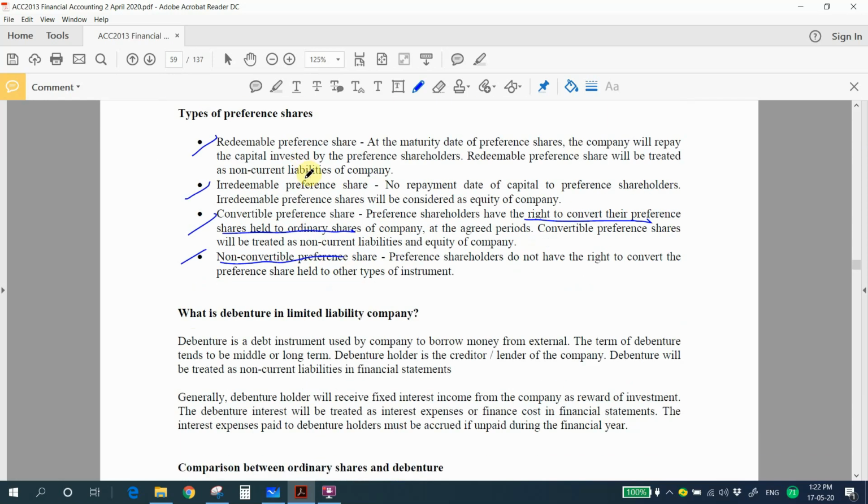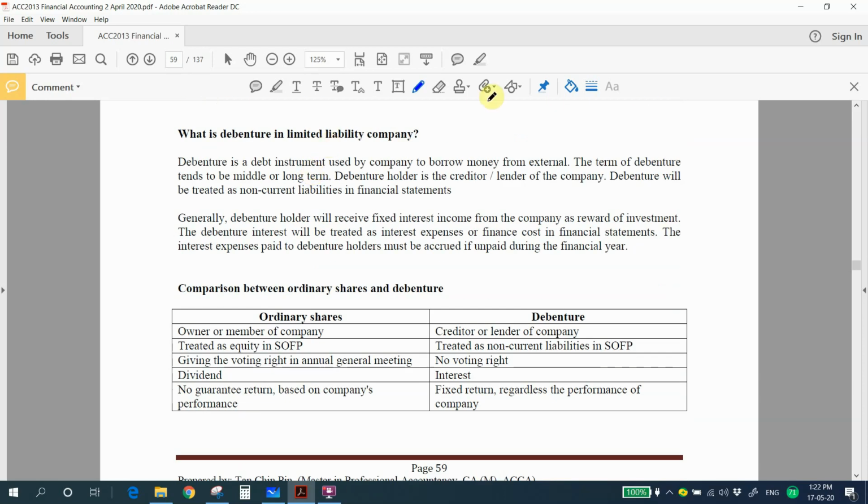Next, in a limited liability company, we have something called debenture. So what is debenture? Debenture is a debt instrument used by a company to borrow money from external parties. The term of debenture tends to be medium or long term. Debenture holder is the creditor or lender of the company.